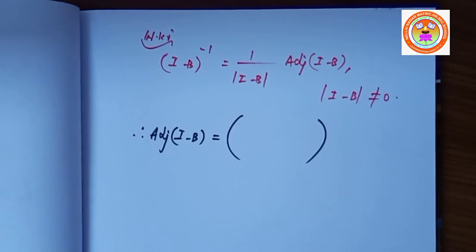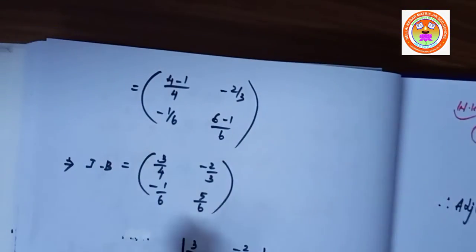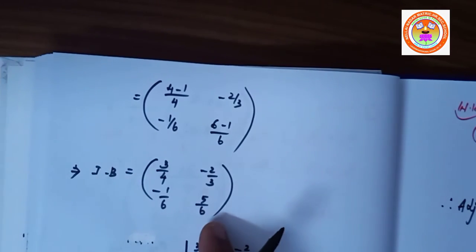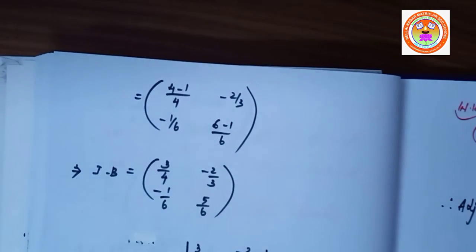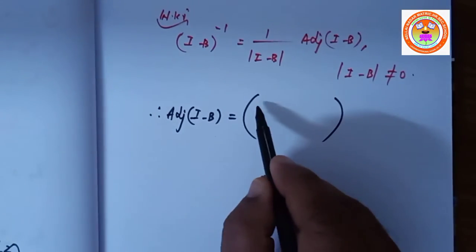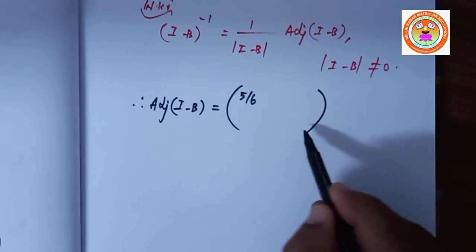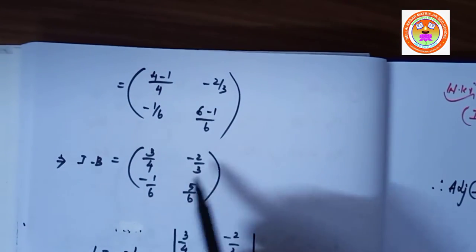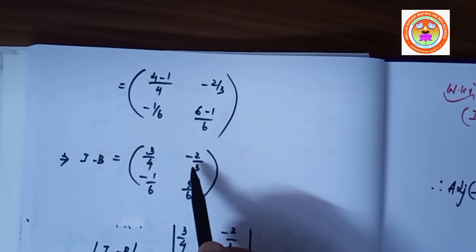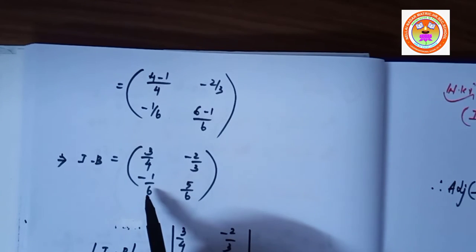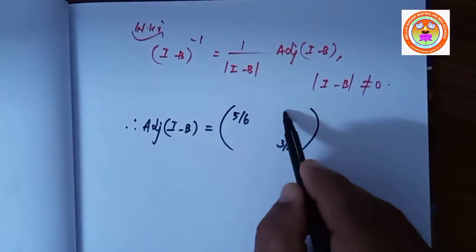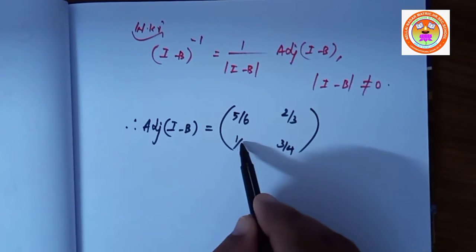Children, listen: for the adjoint of I minus B, the main diagonal elements are interchanged, so 3 by 4, 5 by 6 becomes 5 by 6, 3 by 4, and for the non-leading diagonal elements, you have to change the sign. So minus 2 by 3 becomes plus 2 by 3, and this one becomes plus 1 by 6.